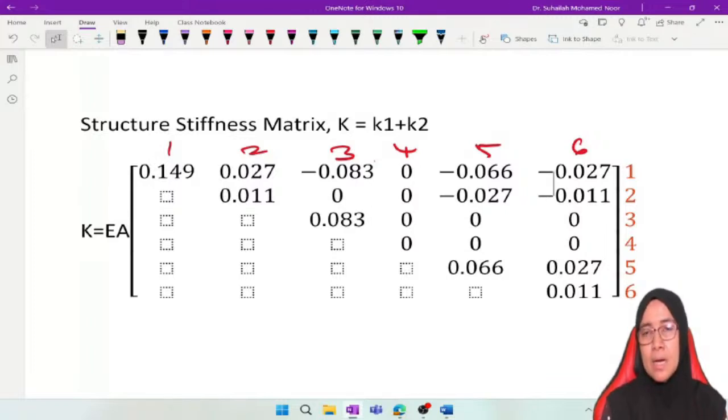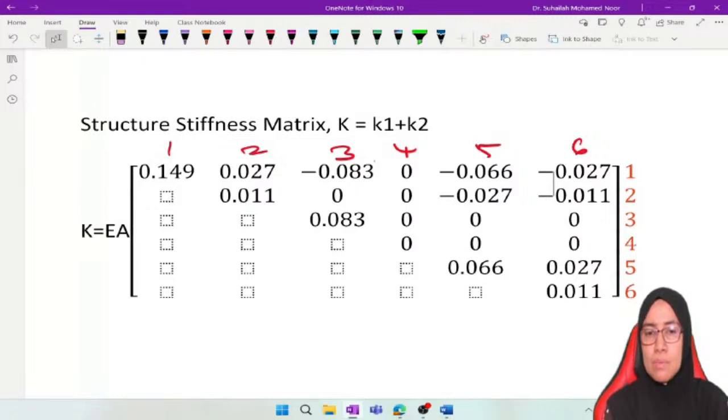Formula K comes from the element. From the element we calculate element stiffness matrices, and we have to label them based on near xy far xy. Remember, near xy far xy is actually the degree of freedom position in the structure stiffness matrix.